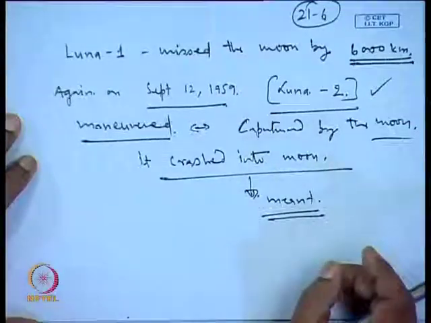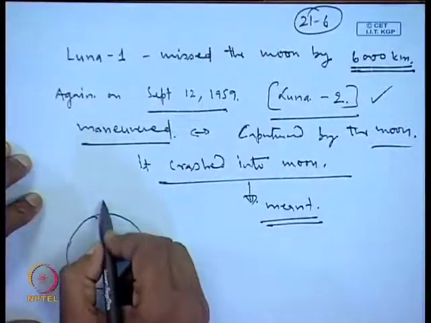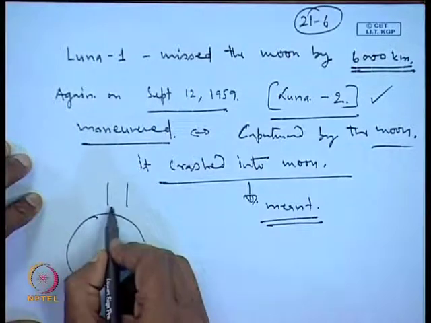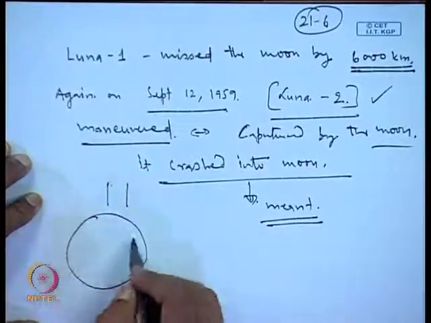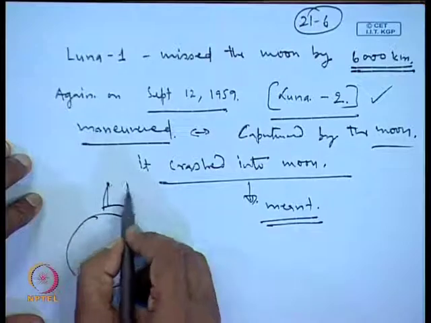The reason was that at that time the propulsion technology, the retro rockets, were not in a developed stage. Retro rockets are needed if you want to land a satellite on the surface of the moon: it has to be brought slowly to the surface.